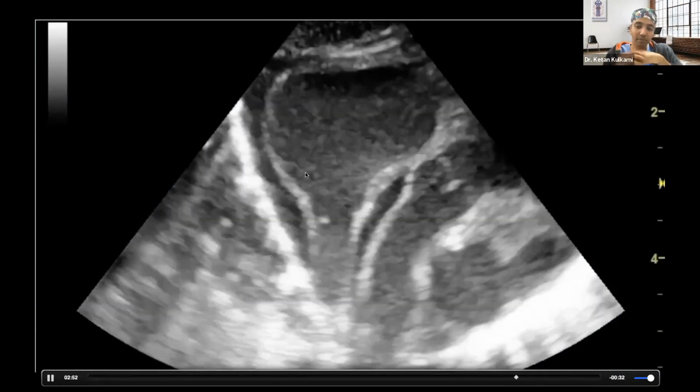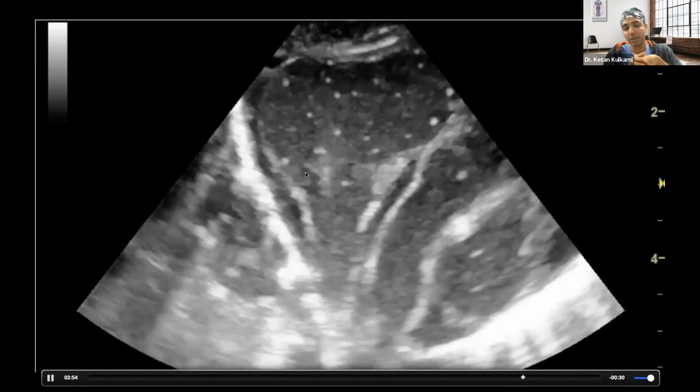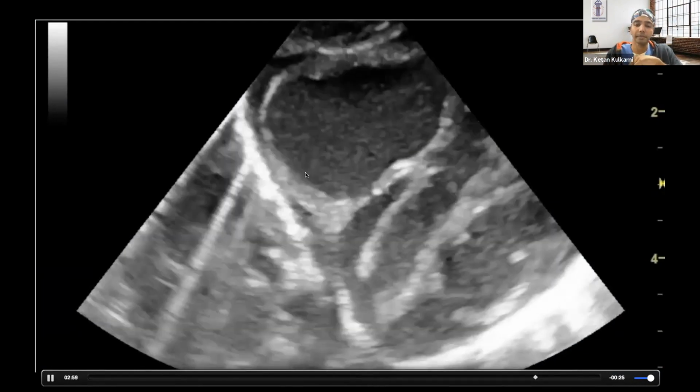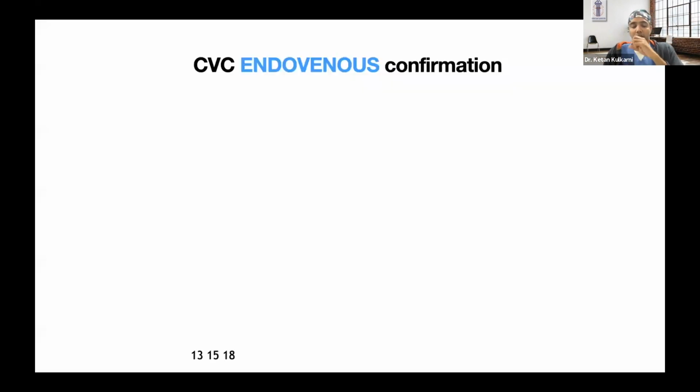There is some floating tip, and then you see a nice fountain coming out of that tip. So basically this confirms that it is endovenous. Whenever you see any bubbles coming into the right atrium in the subcostal 4-chamber view, it confirms that it is on the venous side, not on the arterial side, or not in the thorax, or going into some mediastinum or some abnormal position. So that's how it confirms that it is on the venous side.